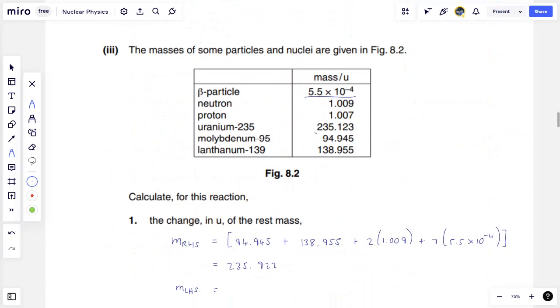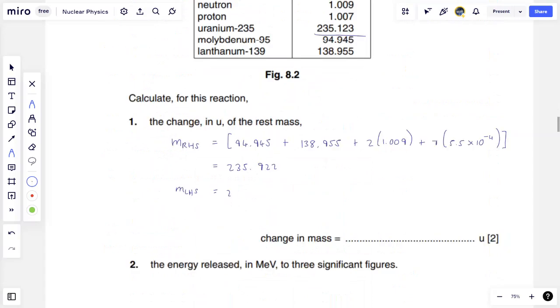The uranium atom mass is given as 235.123, and one neutron which has a mass of 1.009. Aha! So if I calculate this, I get 236.132.